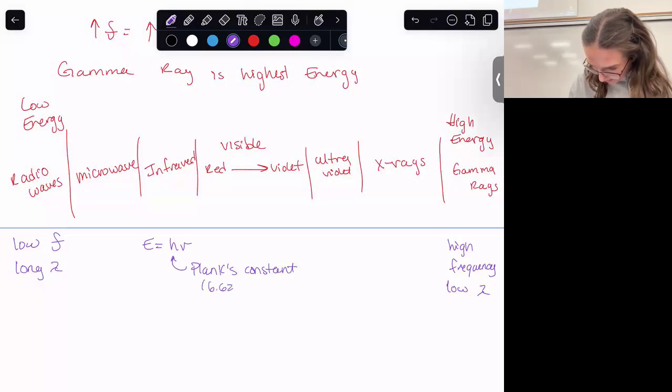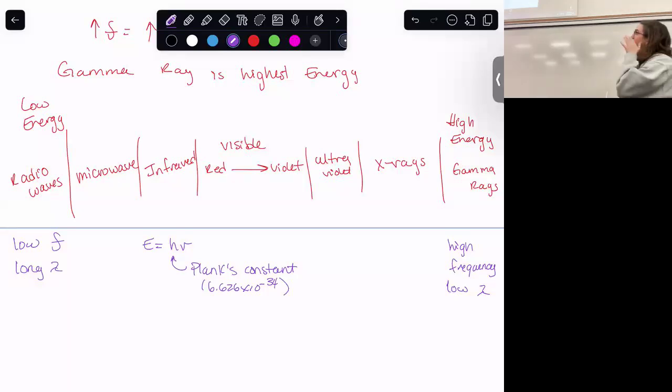It's 6.626 times 10 to the negative 34, I think, if I remember correctly. And then your frequency is just in hertz or 1/seconds. And this is in joules times seconds.